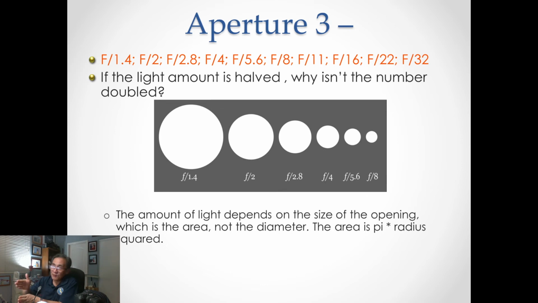The relationship of the aperture value is based on diameter, while the size is based on area, which is diameter squared, half diameter squared to be correct. All right. So that's why the numbers are seemingly random, and they don't seem to make any sense because they had gone through a square root process.